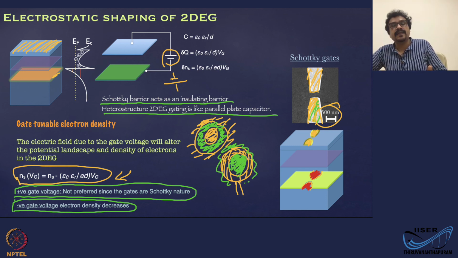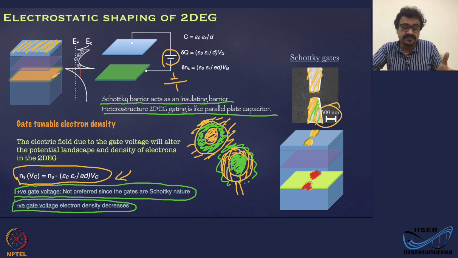So what we have done in this class is look into the importance of mobility, the dimensionality, the formation of a two-dimensional electron gas, and how we can form nanoscale devices just by applying voltage, that is electrostatic shaping. There you are not going to chop down any material.